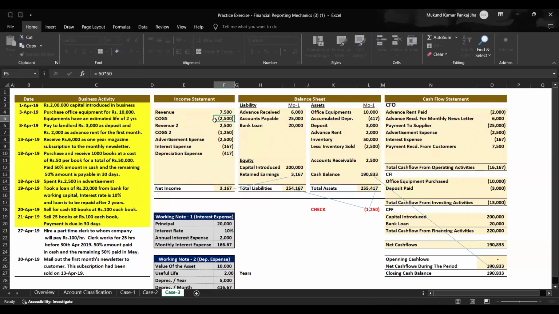But so that many of you don't get confused, I am giving the breakup of each and every entry to make you understand how it actually works. At the end, you can summarize all the revenue and all the COGS under one header. Have you got this so that I can move ahead?